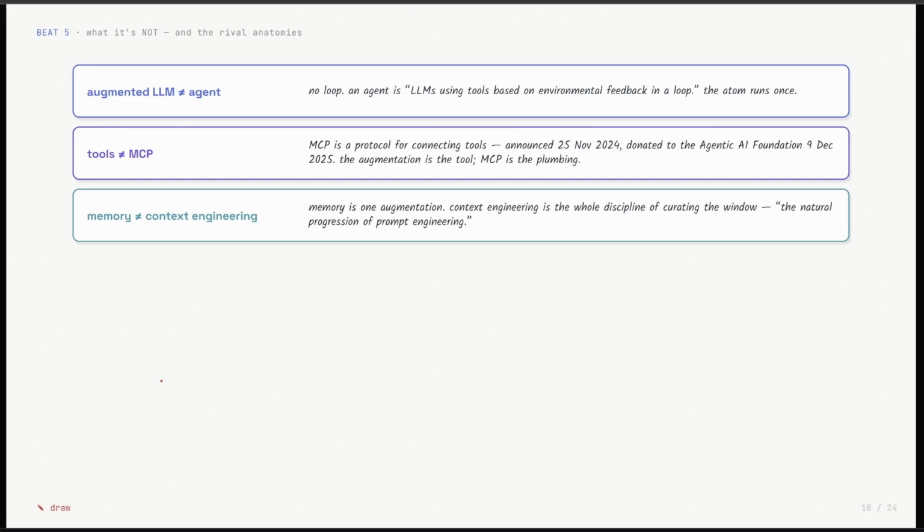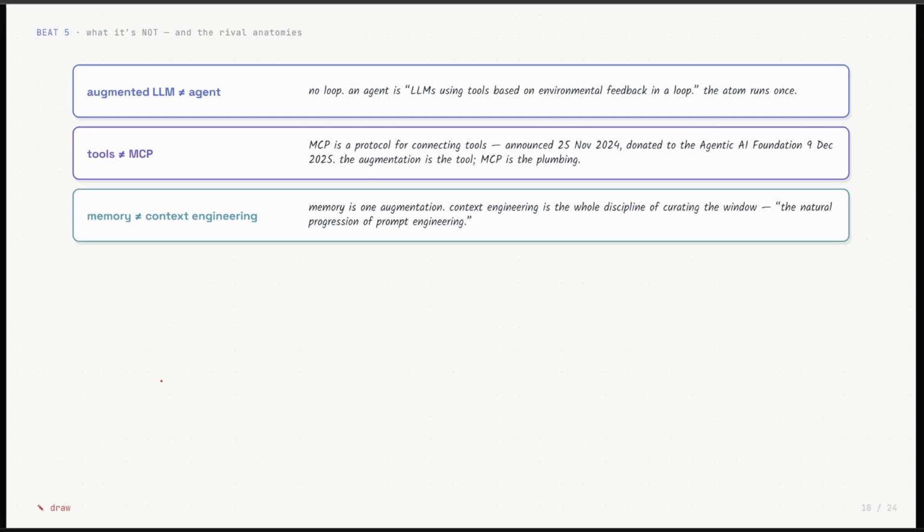That's coming from Anthropic. The LLM is using tools, but for something to be called an agent, there needs to be a certain feedback loop. And if you have just the atom, like just the LLM that runs, maybe gets retrieval and stops, that's not a feedback loop.